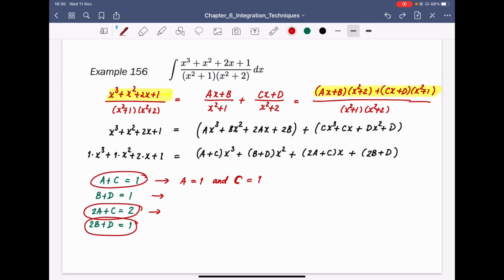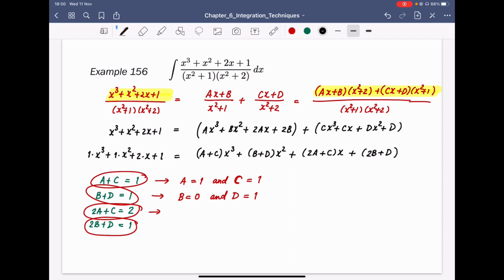2b plus d, I'm going to subtract with b plus d. So what I have here, I have b equal to 0, right? And d must be 1. All right, so I have this.